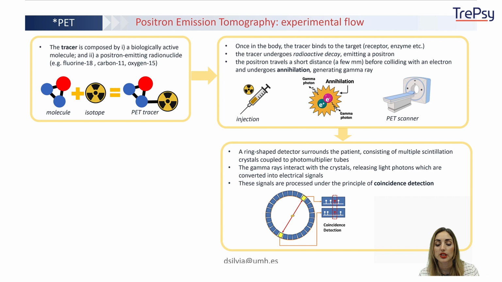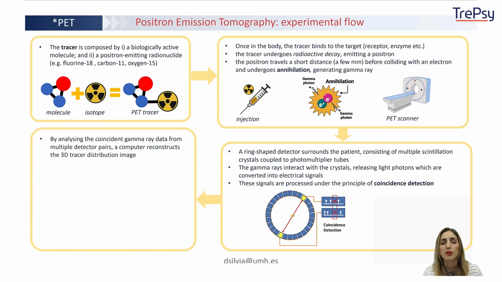What is important is that the signals are assigned to a specific location, so to a specific event, under the principle of coincidence detection. This is because these gamma photons are released in opposite directions. So by looking for coincidence events in the ring, one can detect where the event came from and generate an image.